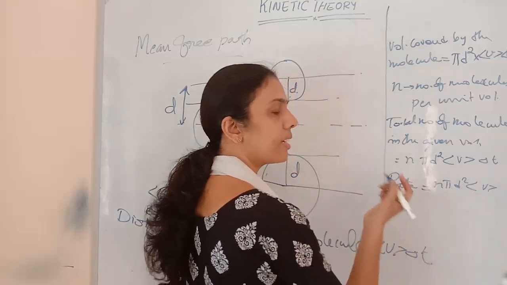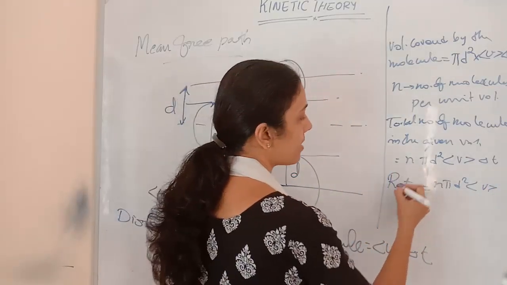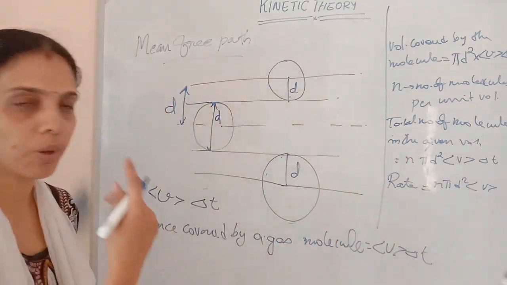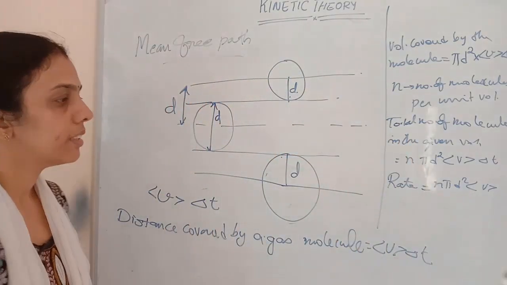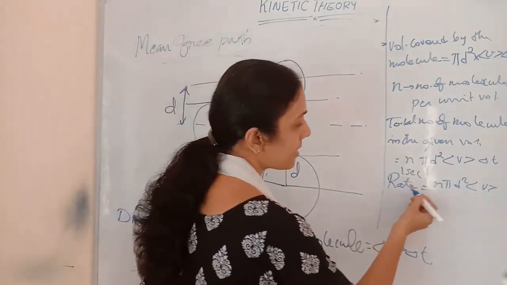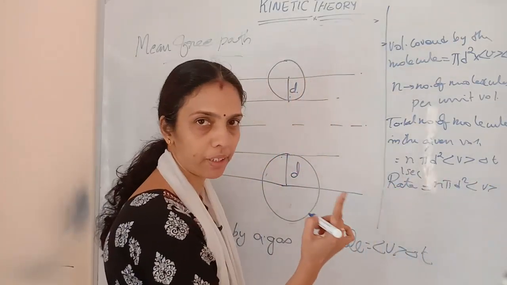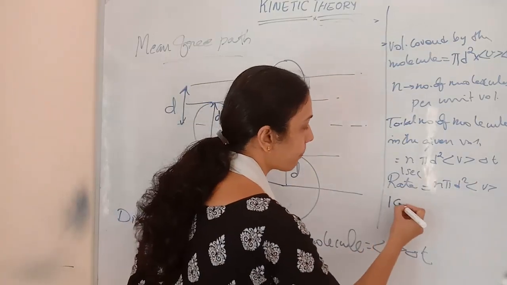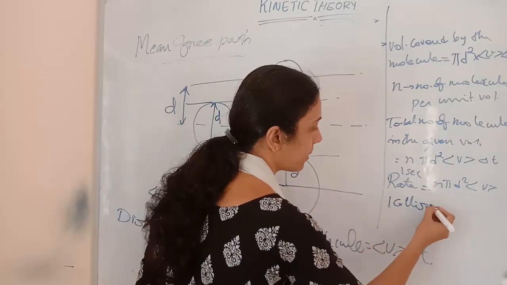The rate means in 1 second. In 1 second, how many molecules will be covering this volume? n pi d square v. So in 1 second, this many collisions are happening. For one collision, what will be the time required?